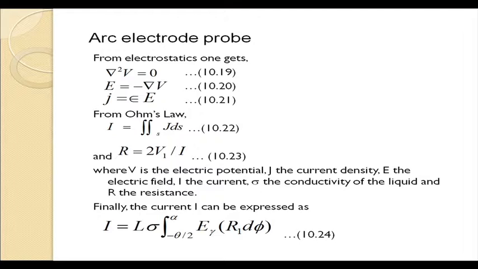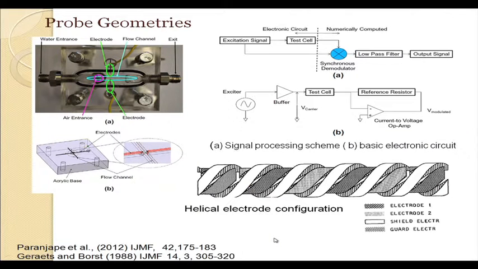The electrostatics is there, and there is no point in going into great detail here, but from this particular slide we can understand how the current can be expressed in terms of the current density, voltage and all those things.